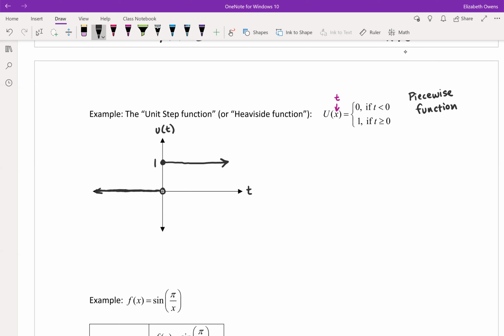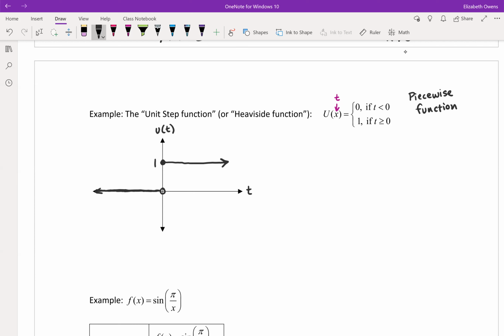And this you might see in some different applications. I've seen this used in engineering and physics. And what this is used for is a sudden occurrence of something.